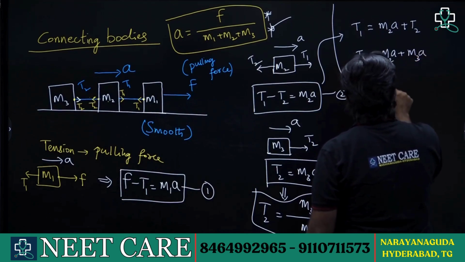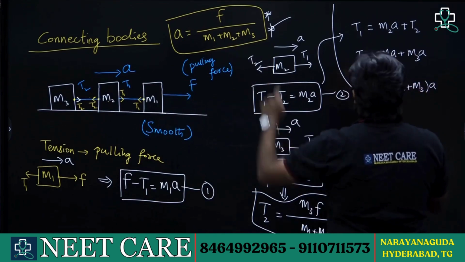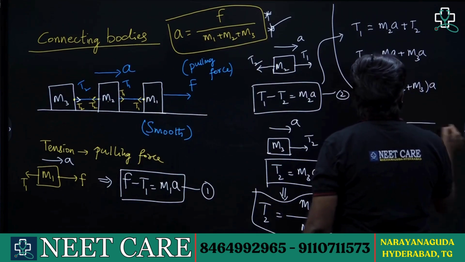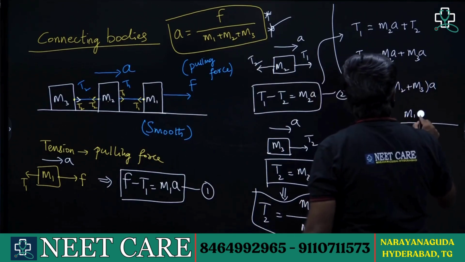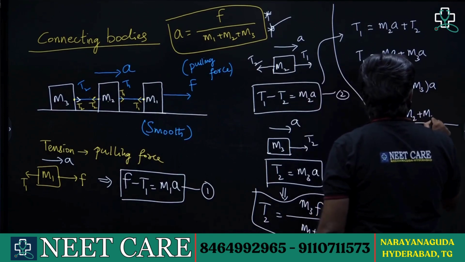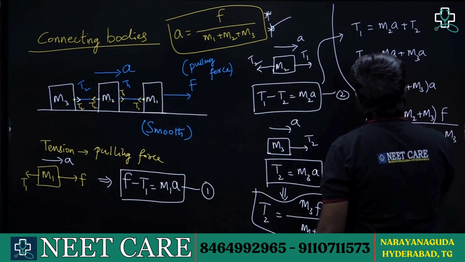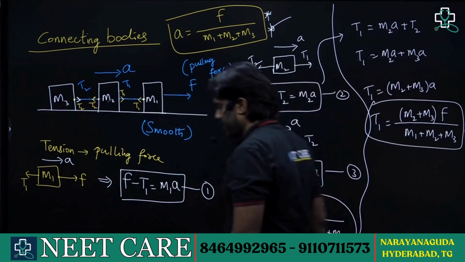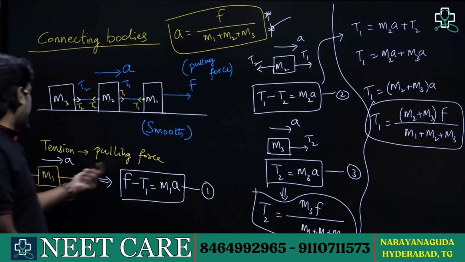So T1 would finally be M2 plus M3 into A. Since the acceleration we have already written, the final simplified value for T1 would be M2 plus M3 into F by M1 plus M2 plus M3. That's it. So that is T1 and this is T2.